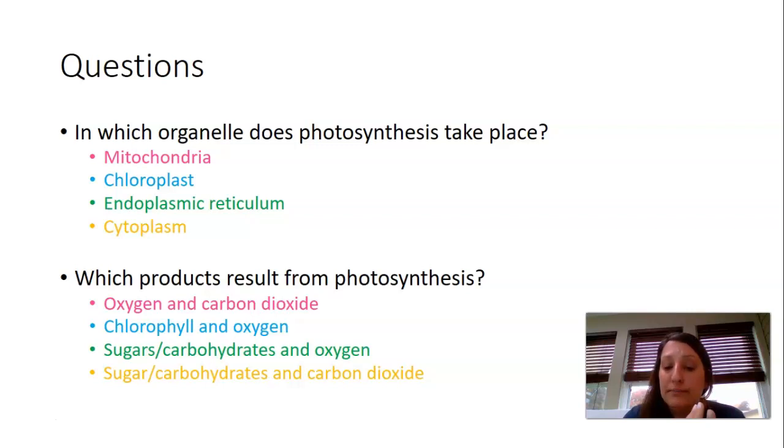Remember that water is going to be the reactant molecule, as well as carbon dioxide and light, and those are going to in turn produce sugars, carbohydrates, and oxygen. We'll actually see in the next couple of sections where exactly that oxygen is produced.